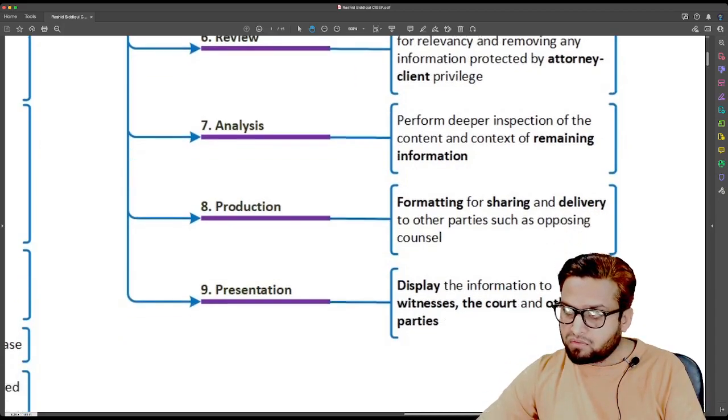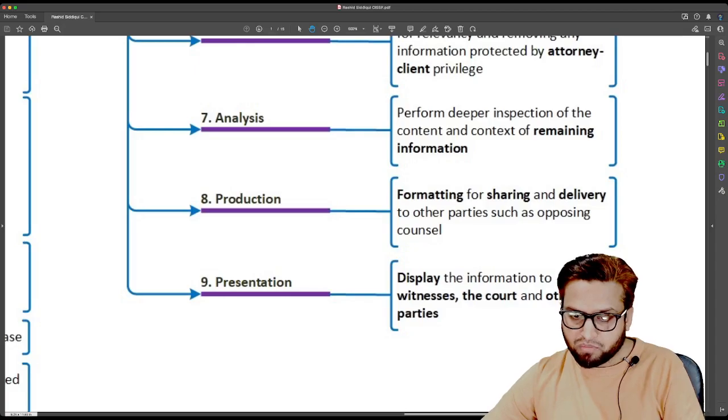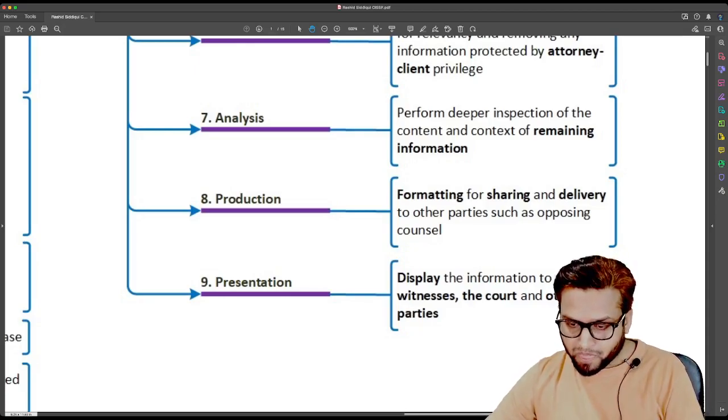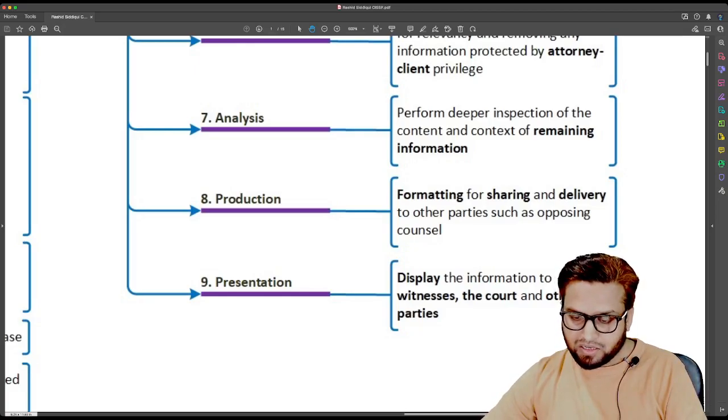So then what is production? Production is basically formatting for sharing and delivery to parties such as opposing counsel, right? In legal matters, we don't write like we write general letters or poems or essays. Legal functioning has its own way of writing and presenting things, which is very different from the way we speak in our day-to-day life.